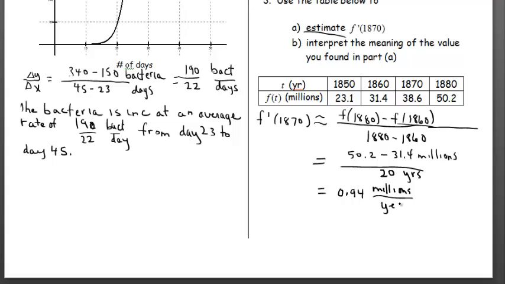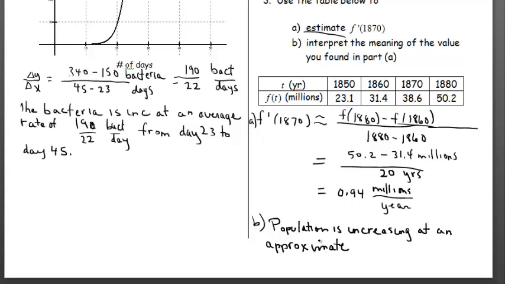Okay, now let's look at part B. This is part A. Part B says interpret the meaning of the value you found. Well, it's a positive number. So I think that the population is increasing. If it was a negative number, I'd be saying decreasing. The population is increasing at an approximate rate, we're using the word approximate, because remember I'm using an average rate of change to approximate an instantaneous rate of change.